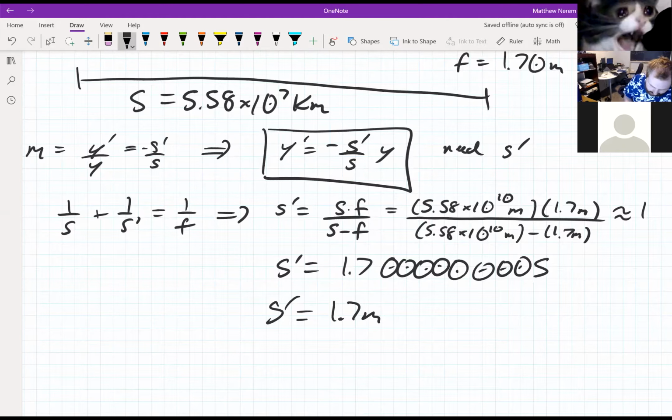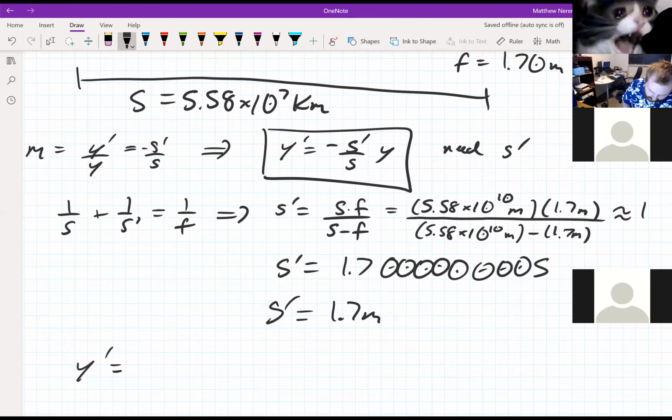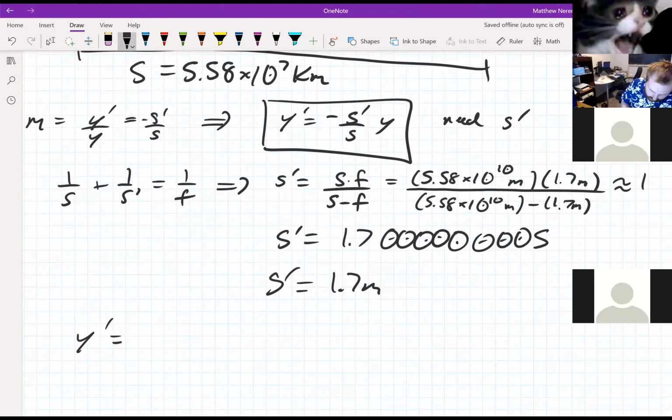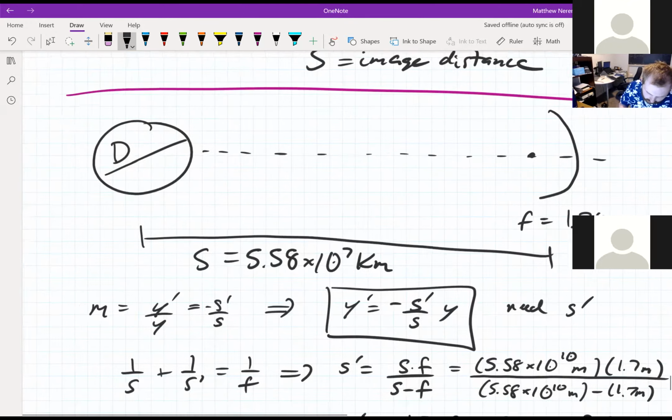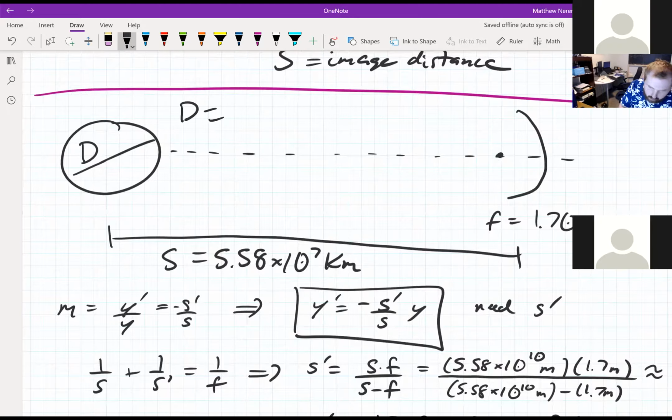So now let's get the diameter. The image height is going to be minus 1.7 meters over the object distance 5.58. Let's keep the units consistent. The diameter in the question was given to us as 6,794 kilometers.